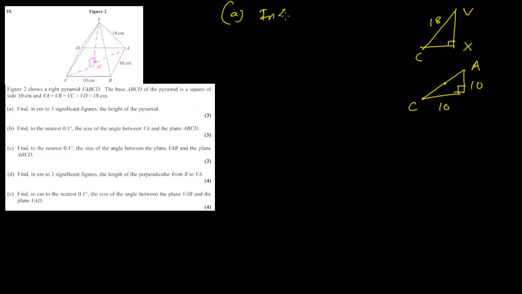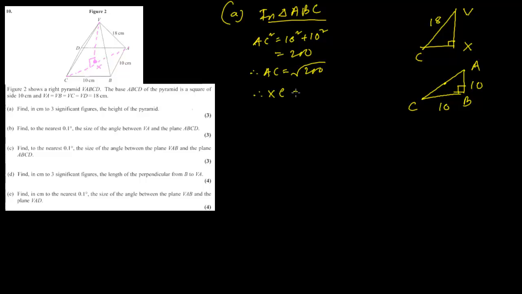In triangle ABC, using Pythagorean Theorem, I can say AC squared equals 10 squared plus 10 squared. So 100 plus 100 is 200. Therefore AC is square root of 200. Length cannot be negative. So half of that, XC, is going to be root 200 divided by 2. Now we can get back to the height of the pyramid.